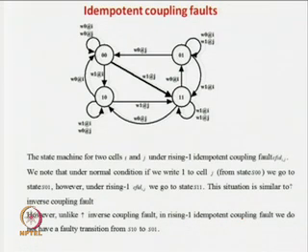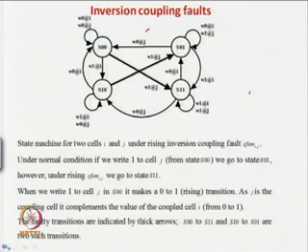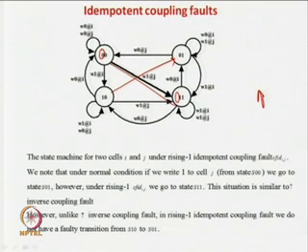So in this case, what have you done? You are changing J from 0 to 1, and now it is actually making the stuck-at fault. In this path you are changing J from 0 to 1 and the value of I gets changed to 1. So it is stuck at 1 kind of a thing. But if you remember the previous case, the inversion coupling fault, there was another path over here.